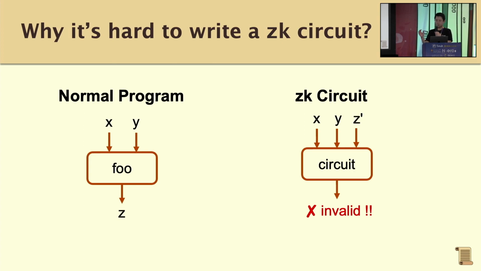But if you give a different input, like x, y, and z prime, a random number, the circuit should reject it, and you won't be able to generate a valid proof that gets verified by the verifier. You should consider it invalid. What this entails is that when writing zk circuits, you need to consider both the correct case and the incorrect cases.